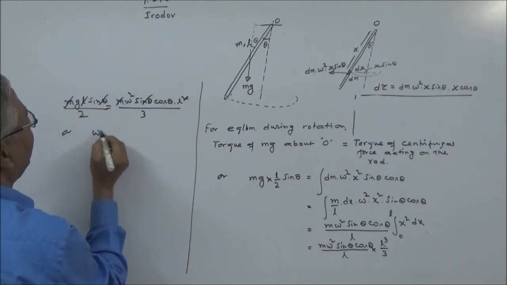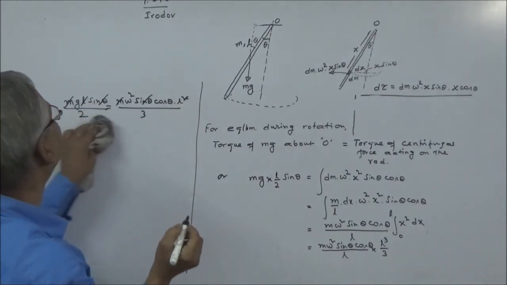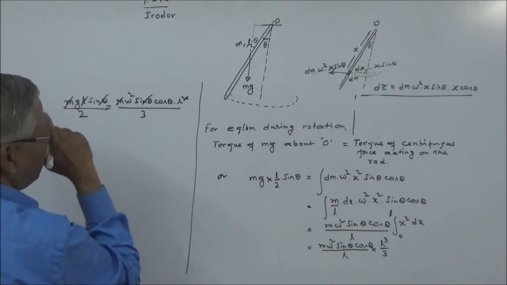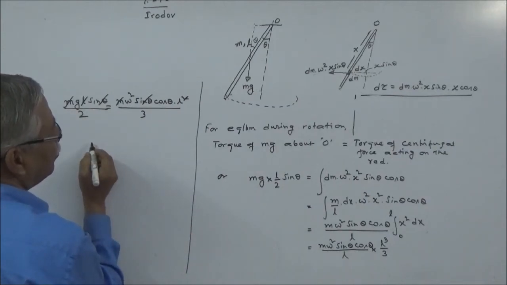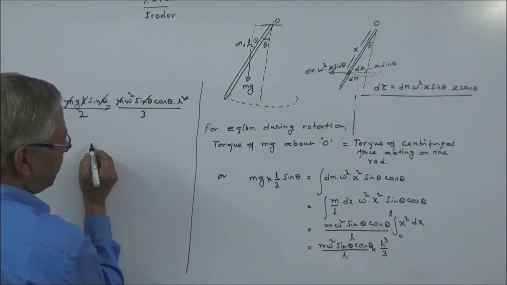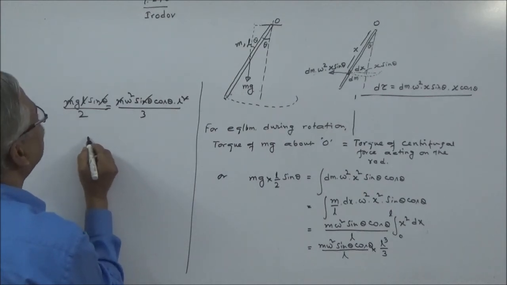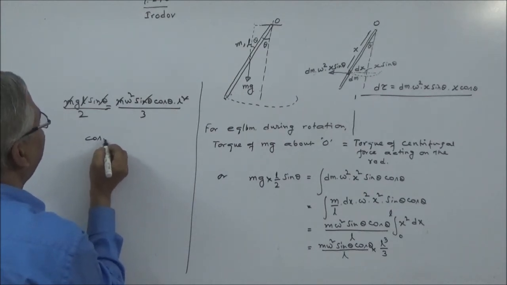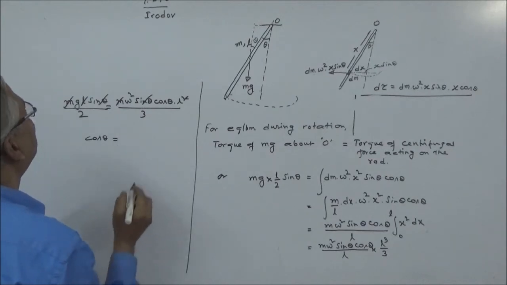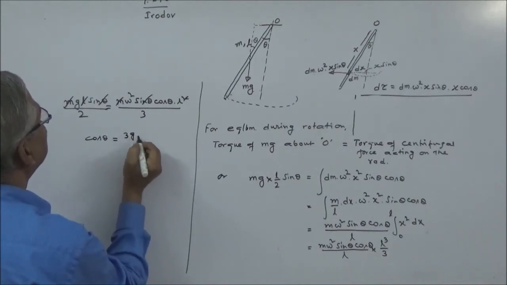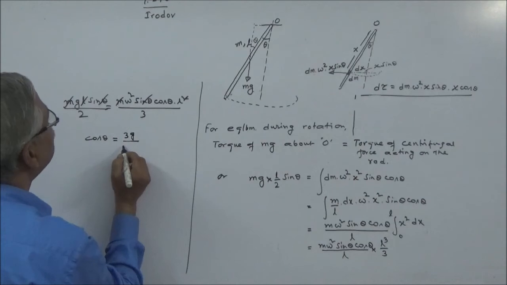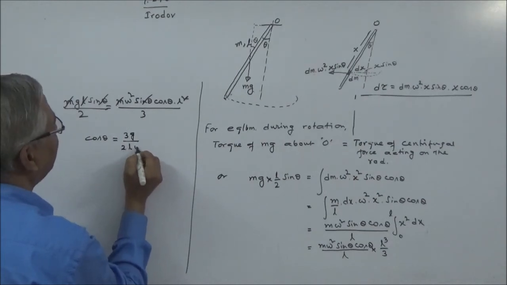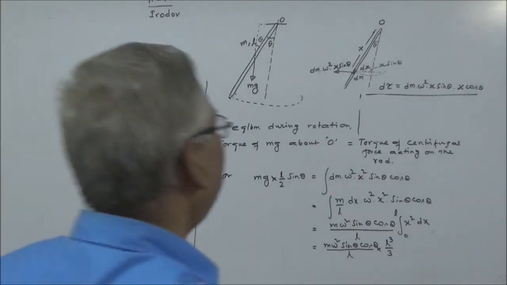Angular speed is not given, so we get omega square. So cos theta equals 3g by 2L omega square.